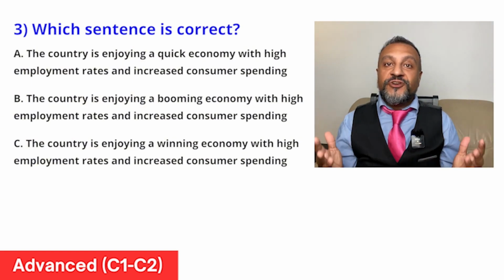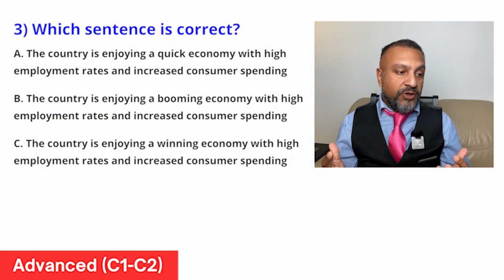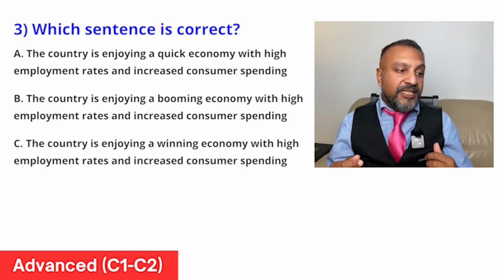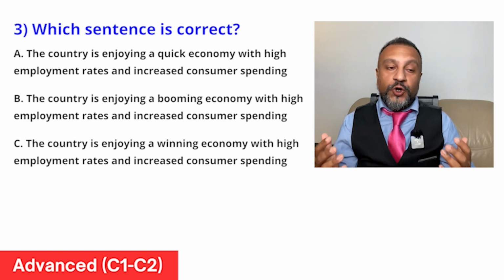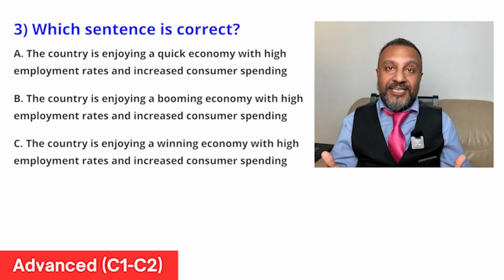Which is the correct sentence? The country is enjoying a quick economy with high employment rates and increased consumer spending. The country is enjoying a booming economy with high employment rates and increased consumer spending.